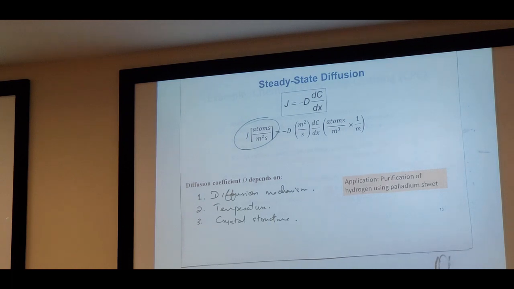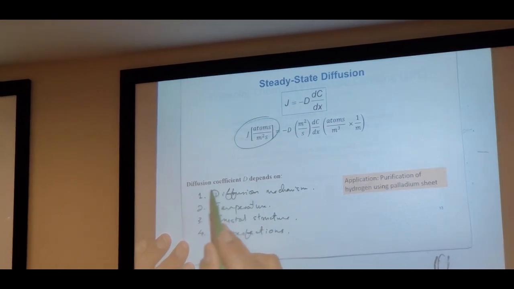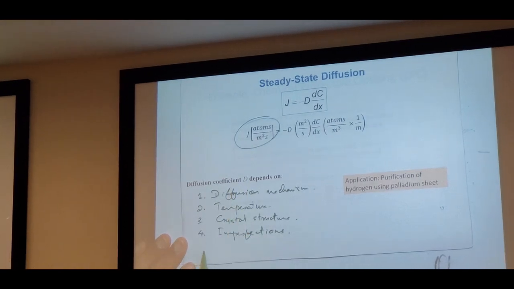That is another factor. So crystal structure is important, and then we talked about another thing, which is imperfections in the sample. Agree? You remember missing atoms. Imperfections in the sample determine the diffusion coefficient too.